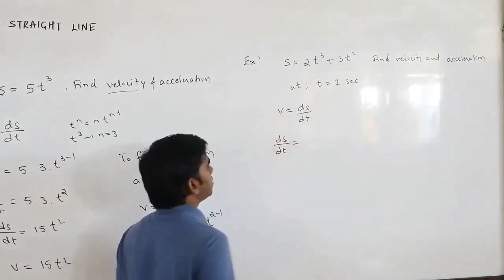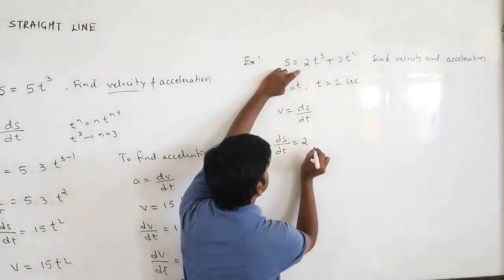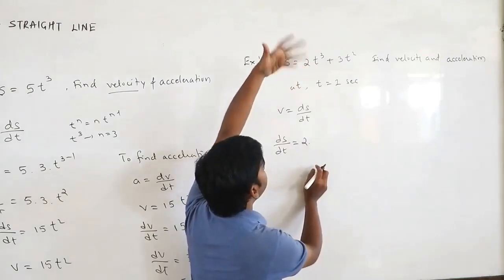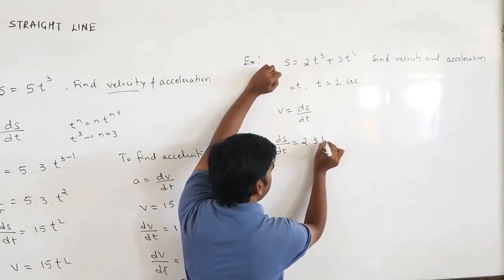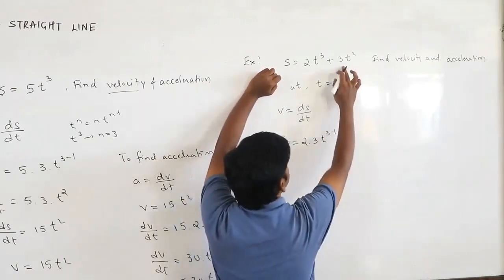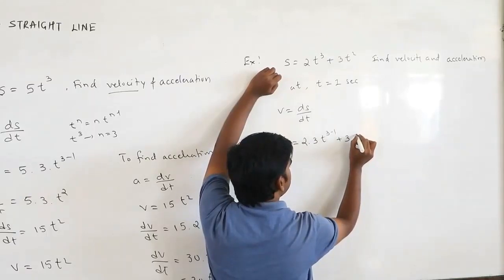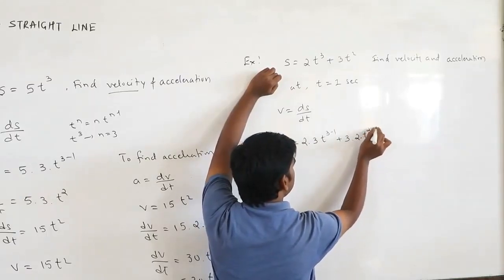ds by dt is 2 is constant, differentiation of t cube is 3 into t raised to 3 minus 1, plus 3 write as it is, t square, differentiation of t square is 2 into t raised to 2 minus 1.